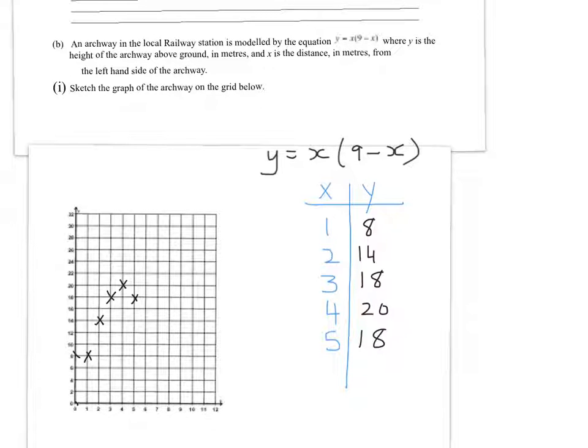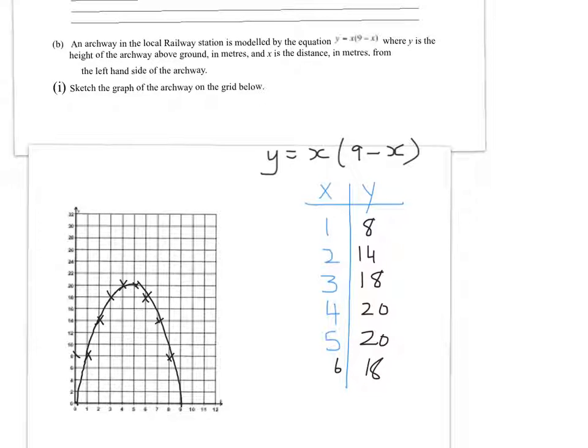It's 5, 20 and 6, 18. And then down we go. So we've got that shaped parabola.